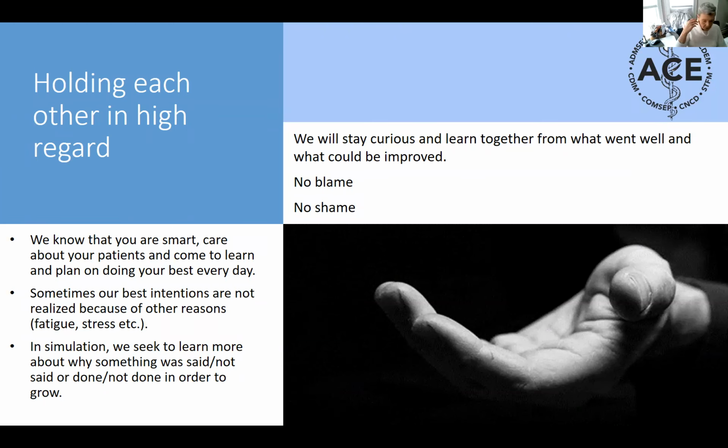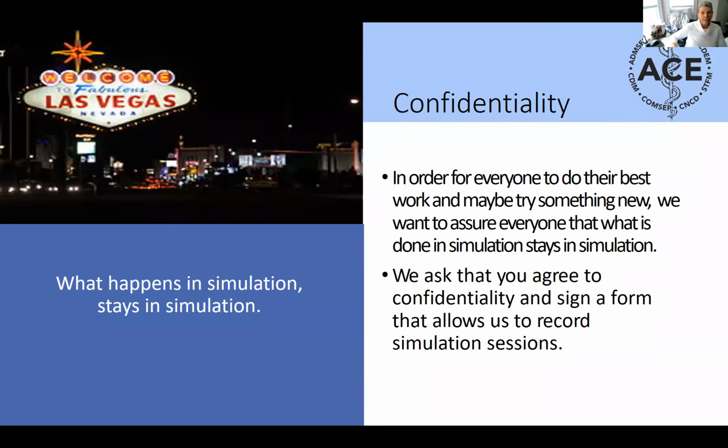If you start hearing those judgment things coming up in your head about, oh, that learner, they're always whatever, fill in the blank, you really have to put them aside and try to get really curious about why something happened, whether it was great in simulation, like exceeded your expectations, or didn't meet the goals and objectives. Staying curious is key. You can go to the next slide.